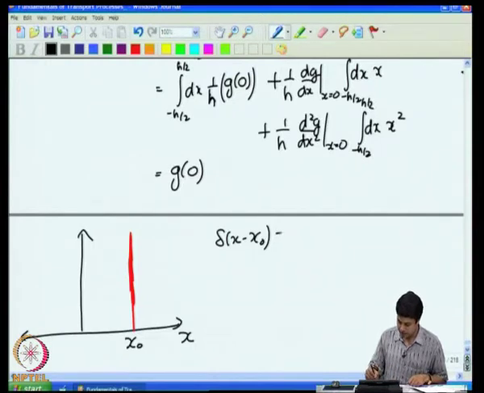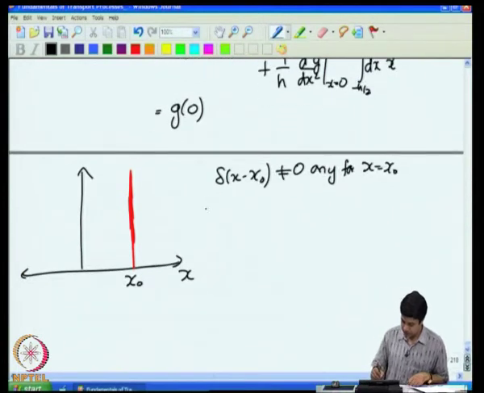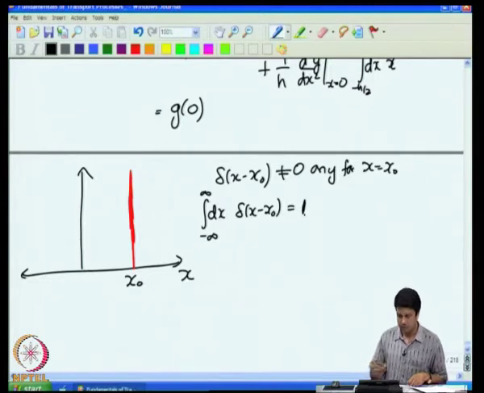This is not equal to 0 only for x is equal to x naught. Integral dx from minus infinity to plus infinity is equal to 1.